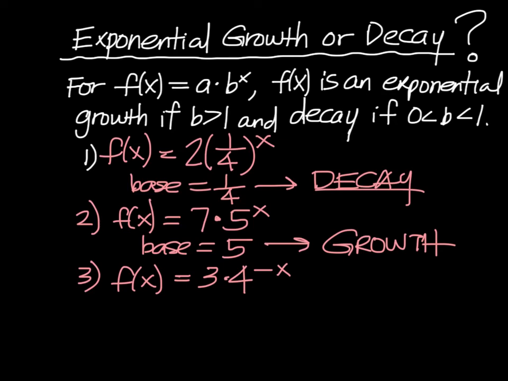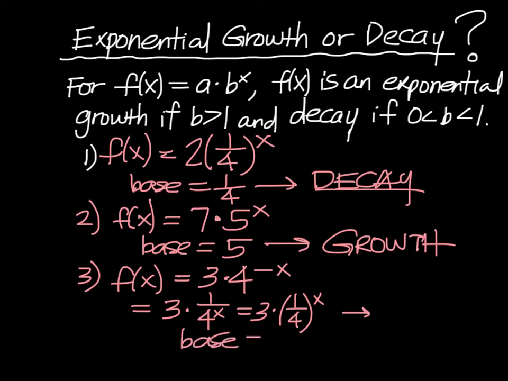So we have to rewrite it so that it is. Well, looking at one of our laws of exponents, 4 to the negative x power is the same as 1 over 4 to the x power, which is the same as 1/4 all raised to the x power. Now we can see that the base is 1/4, which means that we have decay.